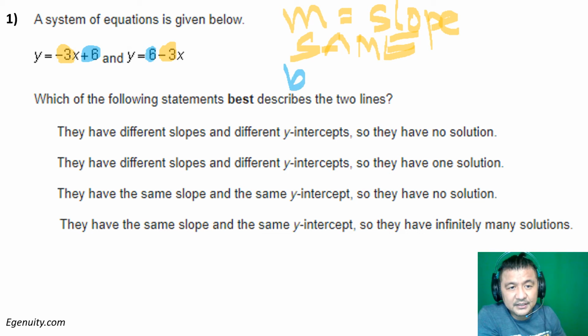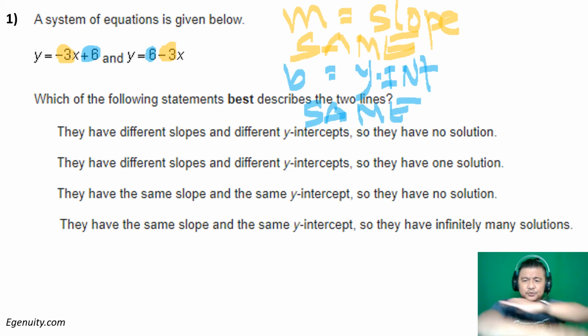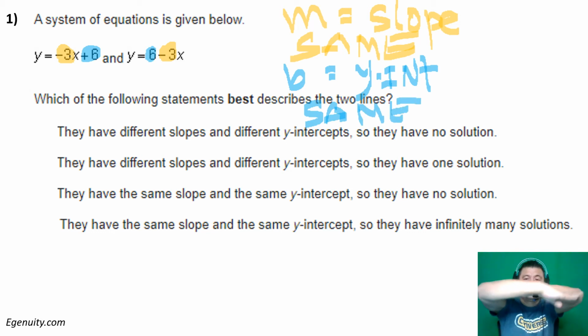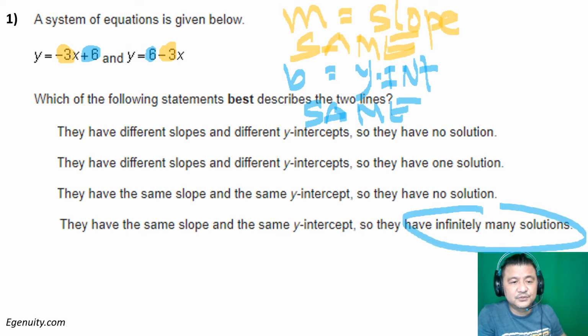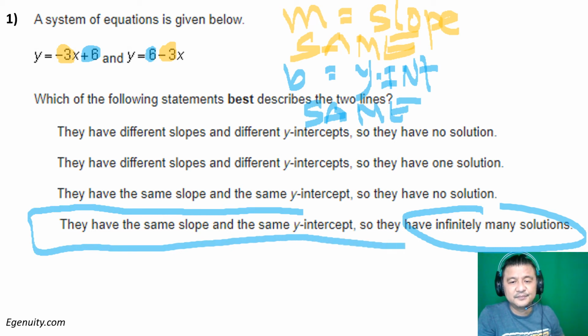So, the b is the y-intercept. And what have you observed? They are also the same. Same slope, same y-intercept. So, it's the same line, right? So, what can you say if one line is on top of the other? They have an infinite number of solutions. So this is the answer.